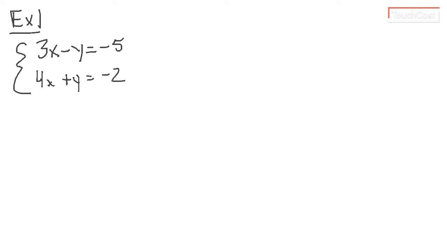Now, the first thing we need to do is we need to solve each equation for y. So, in the first one, how I would solve this for y, I would first add y, so we can get 3x equals -5 plus y.